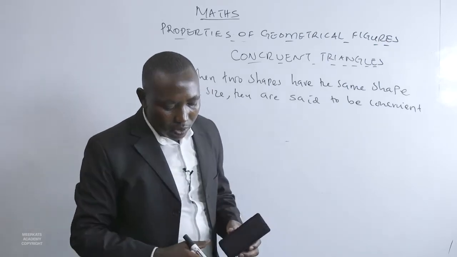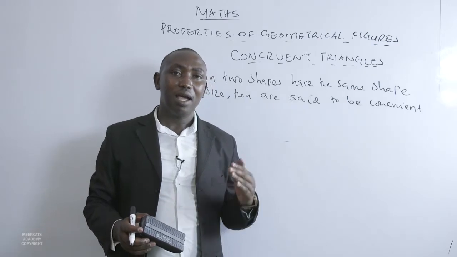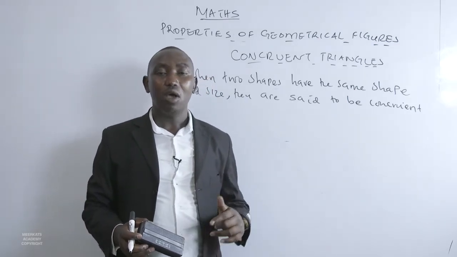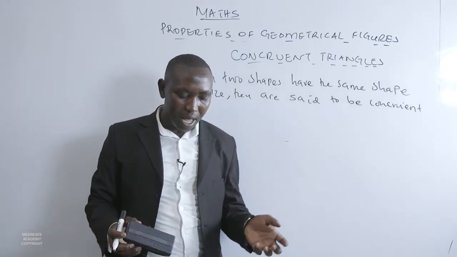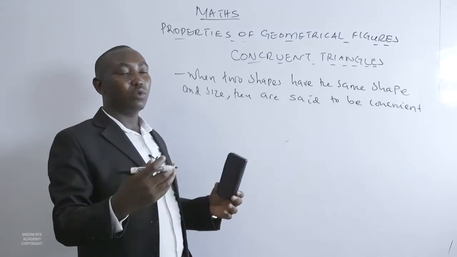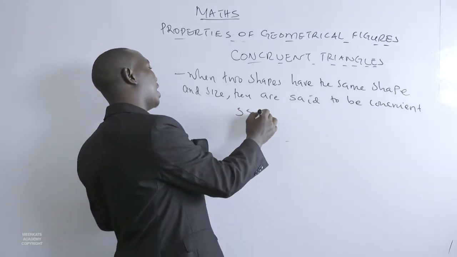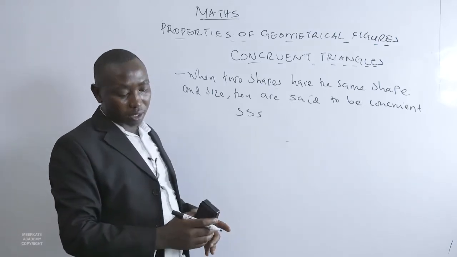Now we normally match the lengths of those two figures, or we match the angles of those figures. Whenever we match the sides, the rule that we shall be applying is the side rule, where you consider the side of each of the triangles.